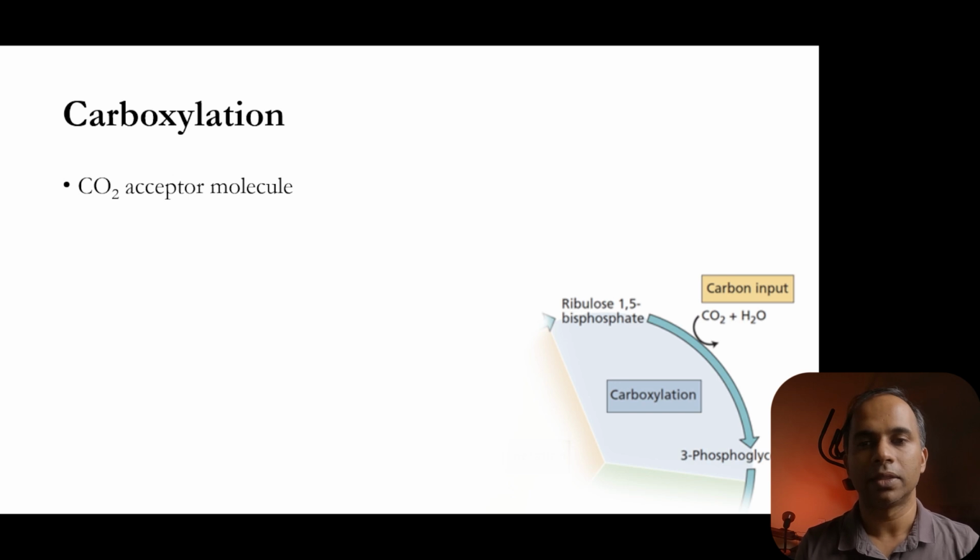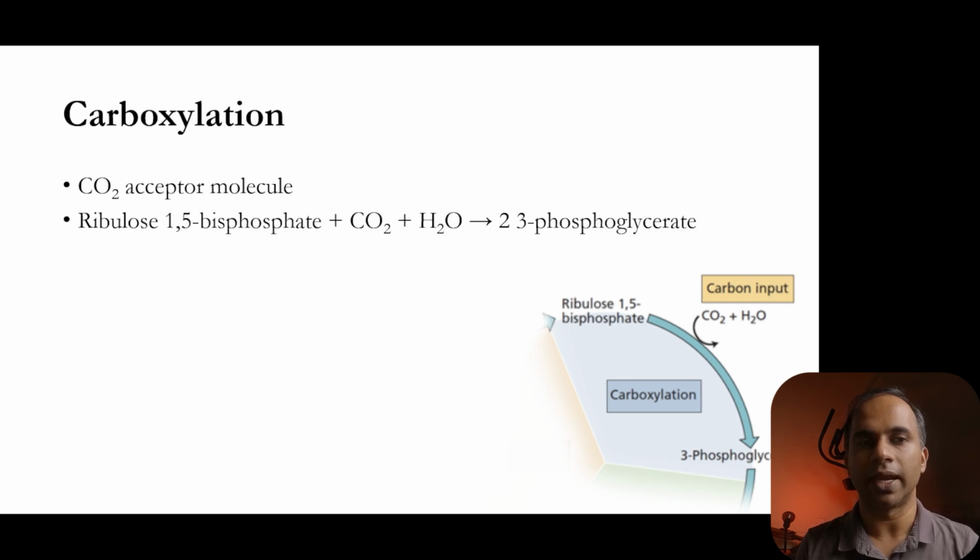Here the CO2 acceptor molecule is ribulose 1,5-bisphosphate, and when it reacts with carbon dioxide and water, it's going to produce two 3-phosphoglycerate molecules, because here you have 6 carbons, and the outcome is a 3-carbon compound.